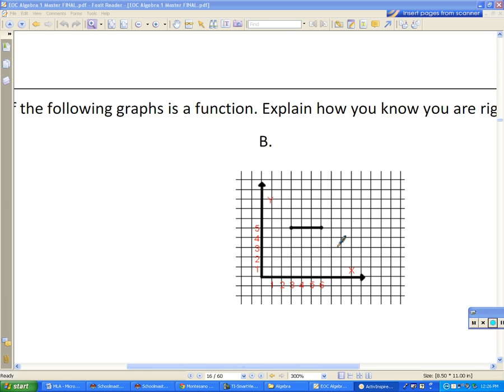If I draw a vertical line right here, how many places does that cross the graph? Once. Why did you say it can have more than one? Because you can draw 3 different lines. No, it has to be one line that crosses more than one time.